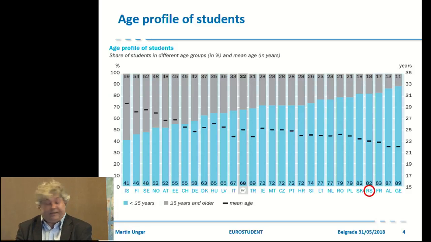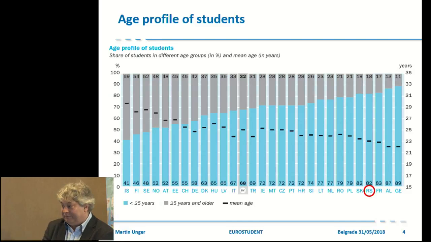Again, you see all Scandinavian countries to the left, and Serbia very much to the right, next to France. Here the average age of the students is about 23 years. But if I look at Iceland and so on, they are nearly 30 on average. So you need a lot of people above 30 to end up with an average of 30.